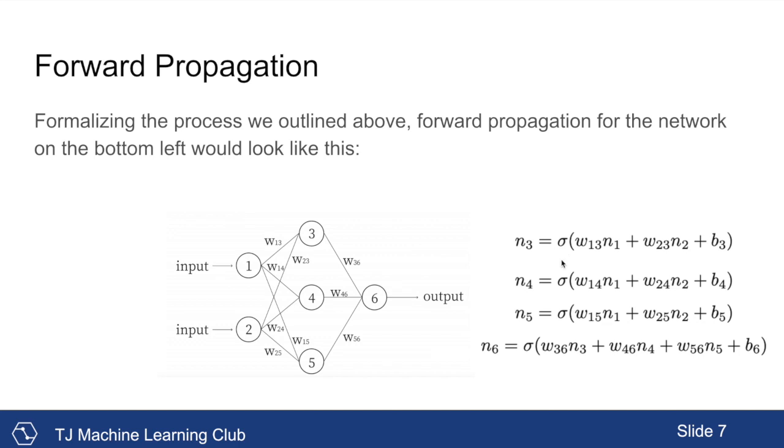Then we go through this network, and N6 is the exact same thing, except now since we have 3 inputs to neuron 6, we have one more term compared to the sums that we did for the previous 3, and that's it, right? If this didn't make sense, then just make sure to pause the video and understand this.